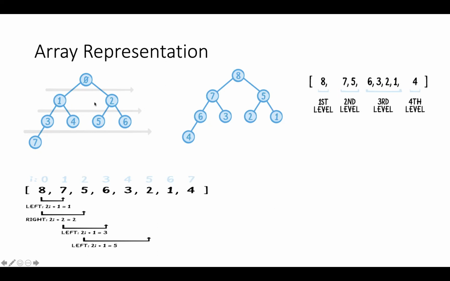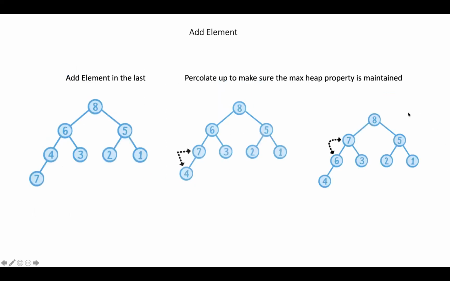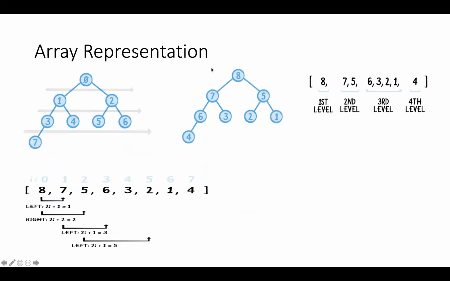So if you see here, let's take this example only. I was able to add 4 here, and this was my heap which has been built.